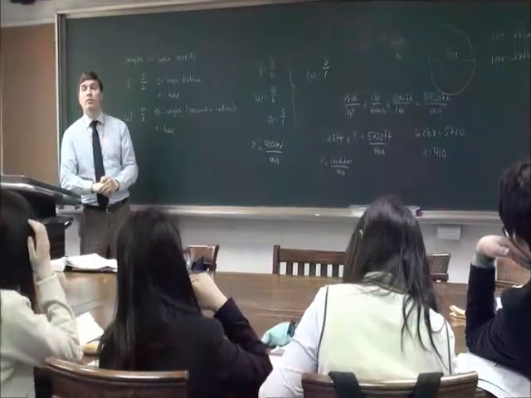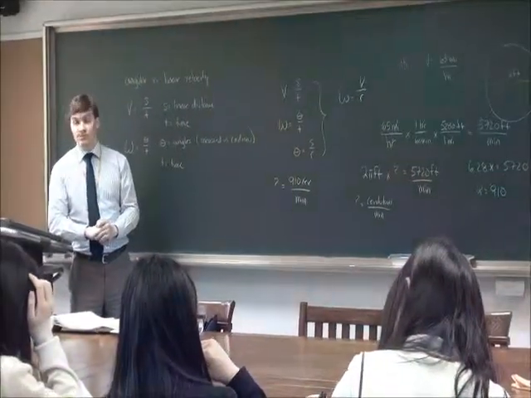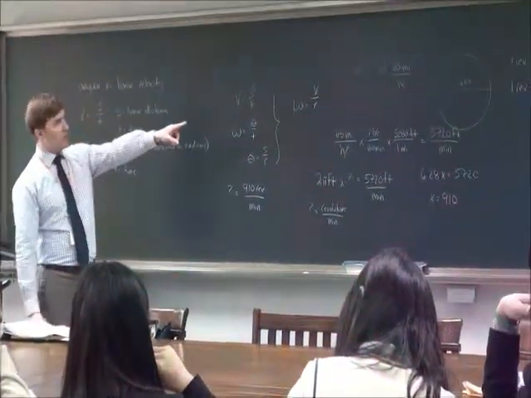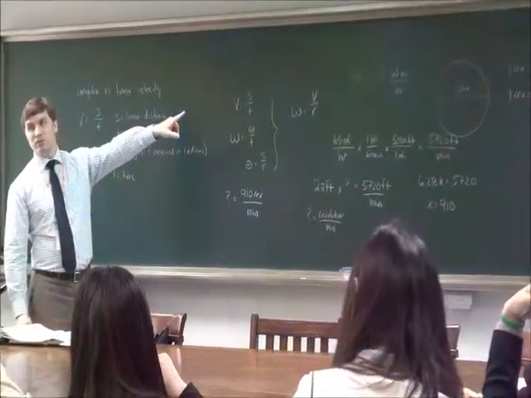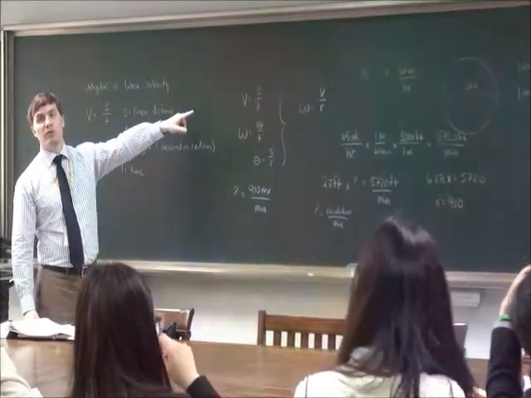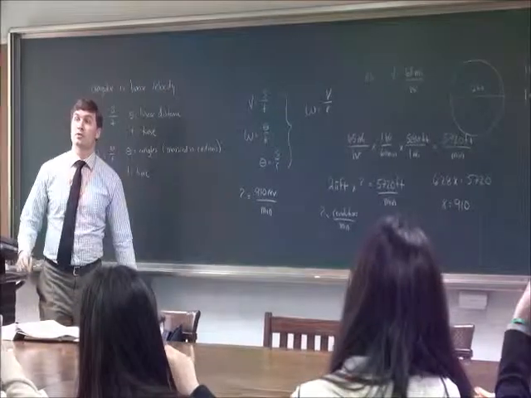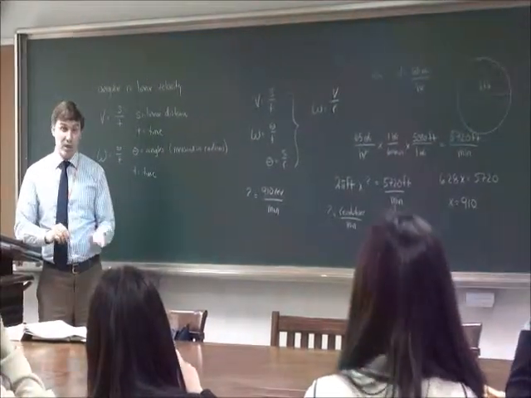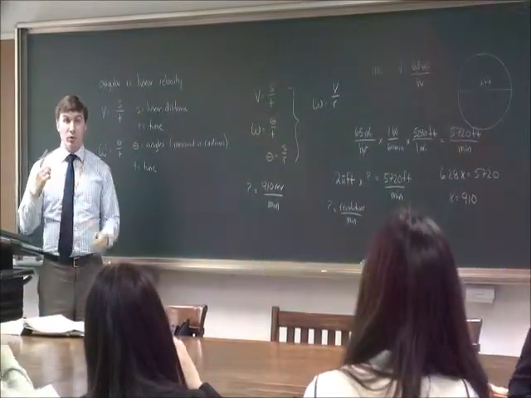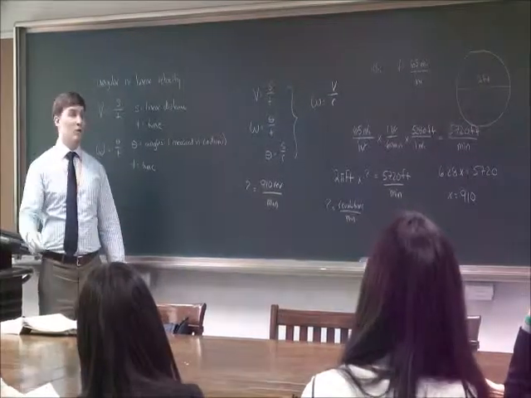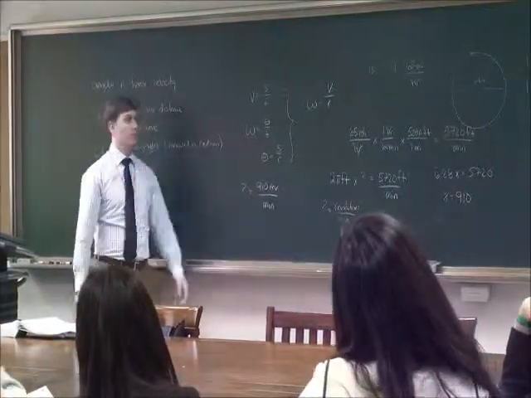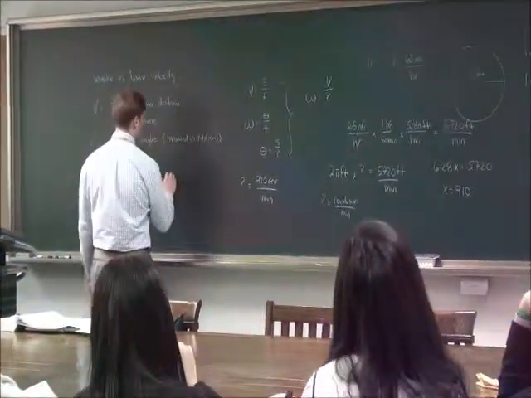Okay. We also want to know the angular velocity, right? In every revolution, we cover how many central angles? 2 pi radians, right? Are we doing one revolution? No, we're doing 910 of them. So the angular velocity is such.